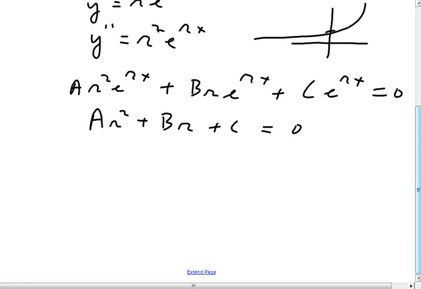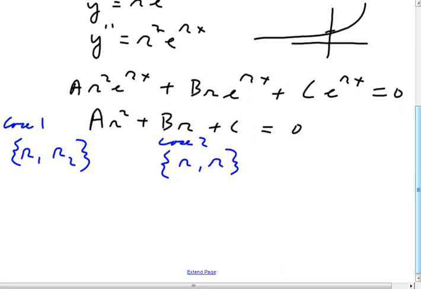Case 1, R1 and R2, I have 2 distinct roots. That's a possibility, right? Or case 2, I could have the same root, R and R, right? And what's the third possibility?